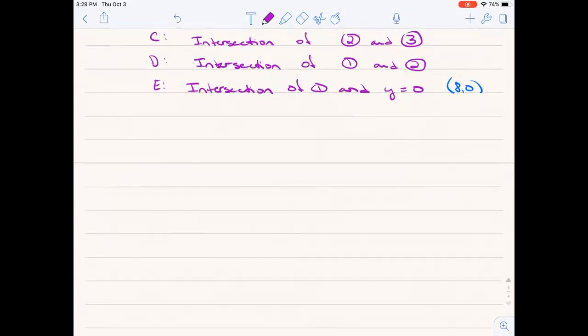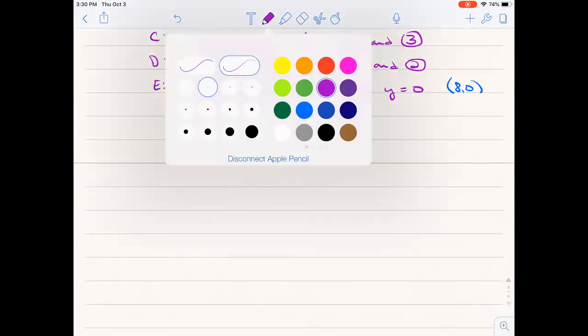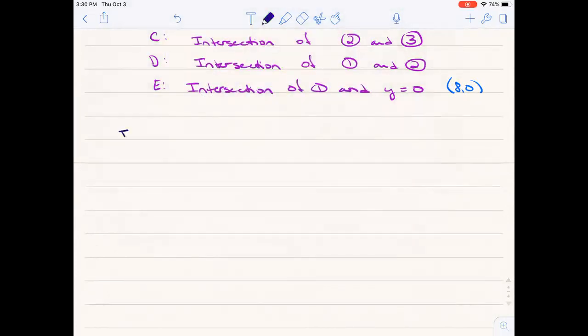So now we have to find the missing intersections.